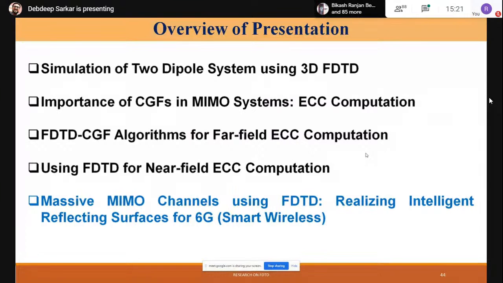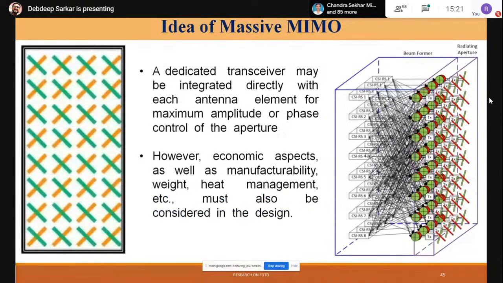But of course, in 5G, massive MIMO is a very important concept, and as I was saying, 6G will go into intelligent reflecting surfaces. In a nutshell, massive MIMO has a large number of antenna elements and arrays, basically a large phased array, with a dedicated transceiver integrated directly to each antenna element for maximum phase and amplitude control of the aperture.